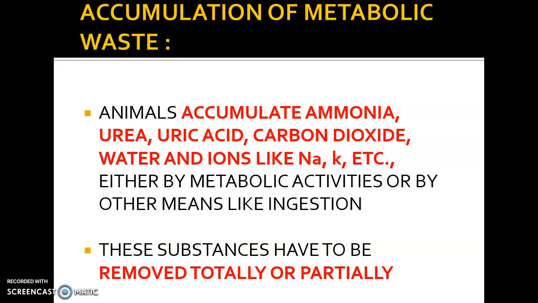We know that animals accumulate ammonia, urea, uric acid, carbon dioxide, water and ions like sodium and potassium, etc. Now, how are these metabolic wastes produced? They are produced due to the different chemical reactions that are occurring in our body. In this chapter, our focus is on the excretory products, because the title of the chapter is Excretory Products and Their Elimination. We will be focusing on ammonia, urea as well as uric acid.